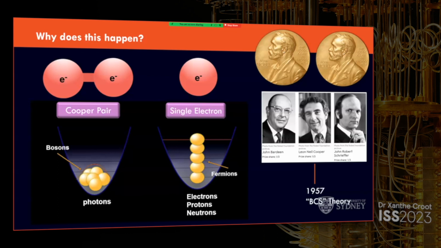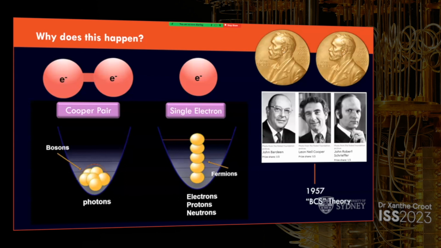A Cooper pair is a combination of two electrons, and each electron has half a spin, and so that sums to one spin, which means that the Cooper pair is not a fermion anymore, it's a boson. And bosons don't have to obey this kind of stacking rule. They can actually all occupy the same quantum state.